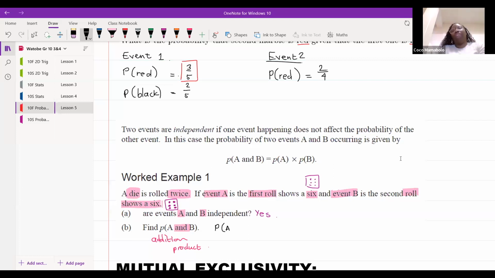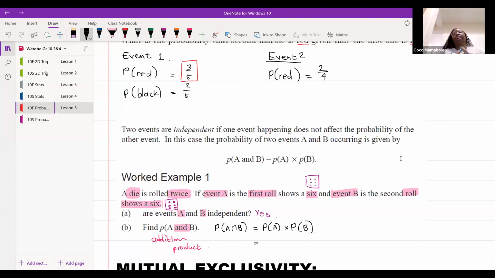Intersection. Correct. A intersection B is going to equal the probability of A. What comes next? Times. Correct. Probability of B.